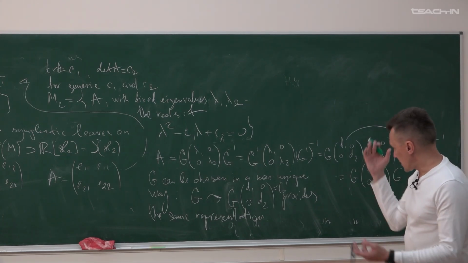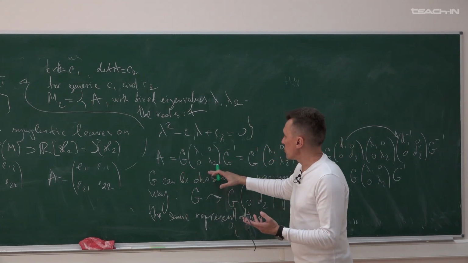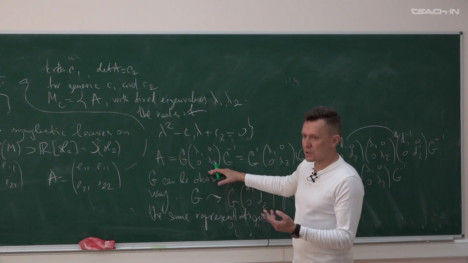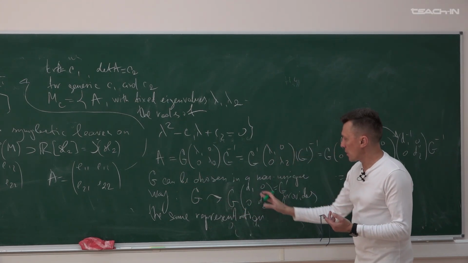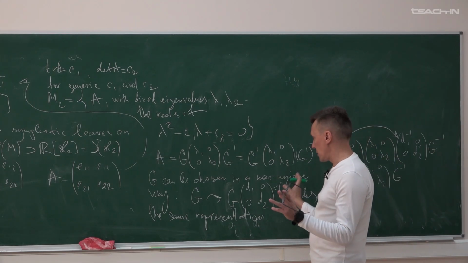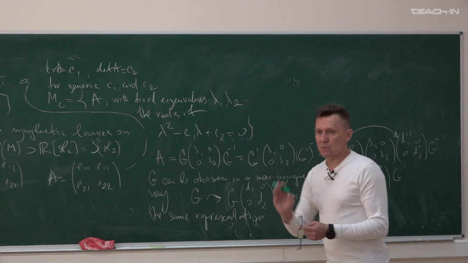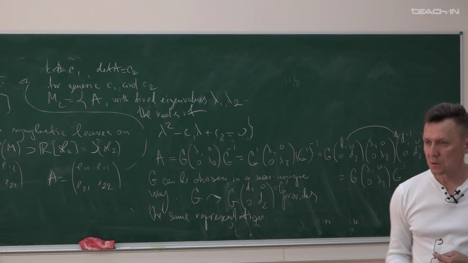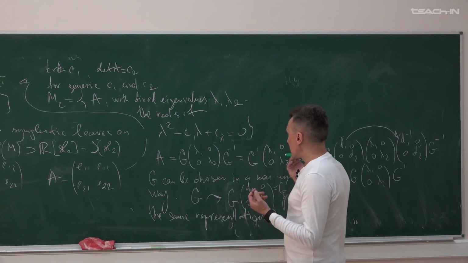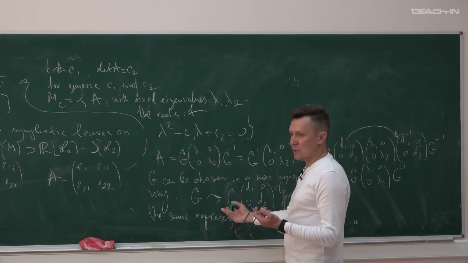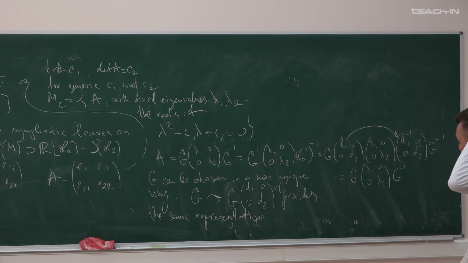So my statement is that if you found such a representation, a matrix G multiplied by a generic diagonal matrix on the right gives the same representation for the matrix A. So to choose coordinates, we have to specialize the matrix elements of the matrix G. And I propose to do the following.